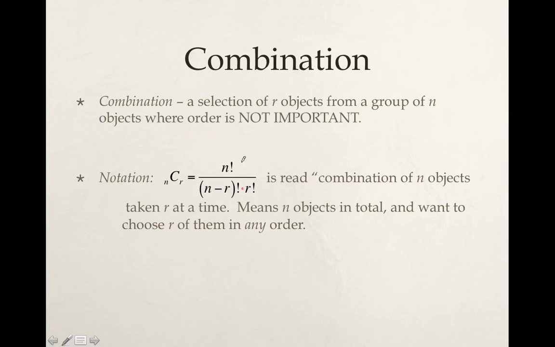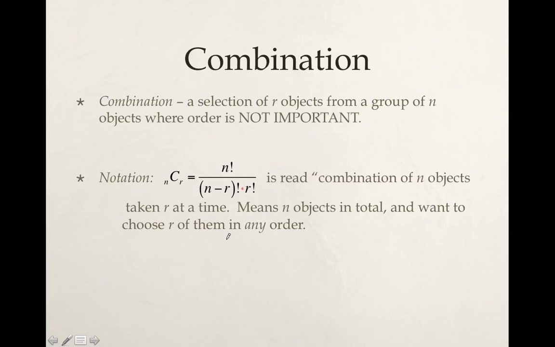Now the toughest part about remembering this compared to permutations is really remembering which one should also have r factorial in it. One way you can think about it is that if you go back to our skier example from the permutation lesson, we said that if Amy wins gold, Bob wins silver, and Carl wins bronze, that would be considered a different result than if Bob won gold, Carl won silver, and Amy won bronze.